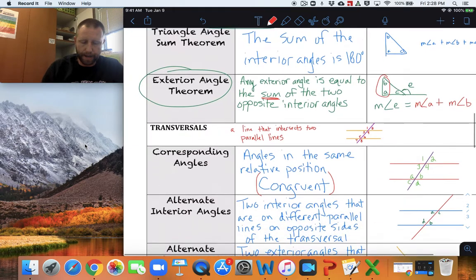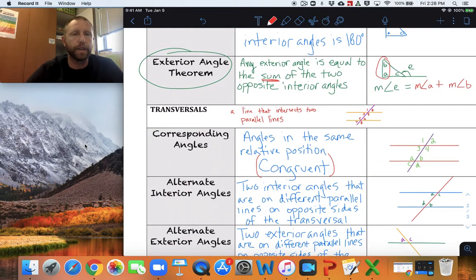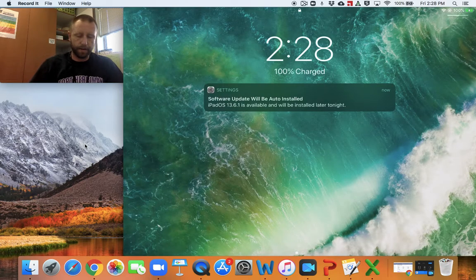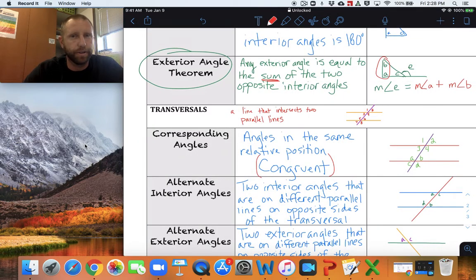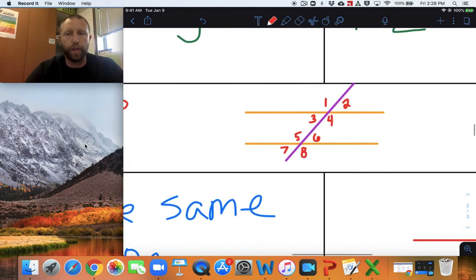All right, so next we're going to talk about transversals, and just a quick reminder that a transversal is a line that intersects two parallel lines. Okay, so I've got a little drawing here. The purple line is our transversal. The two yellow/orange lines are the parallel lines. The purple one is the transversal.